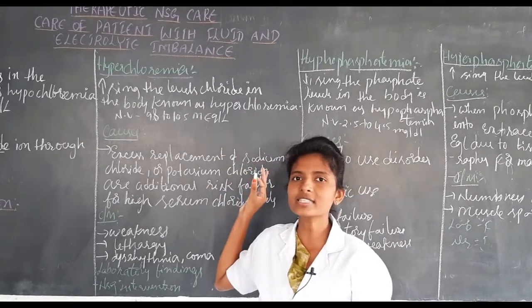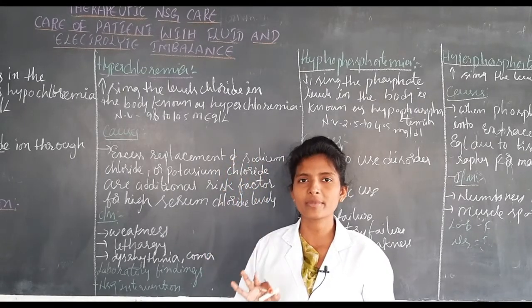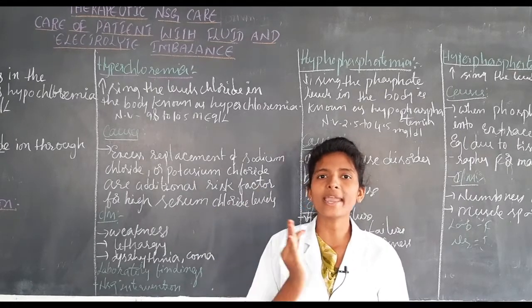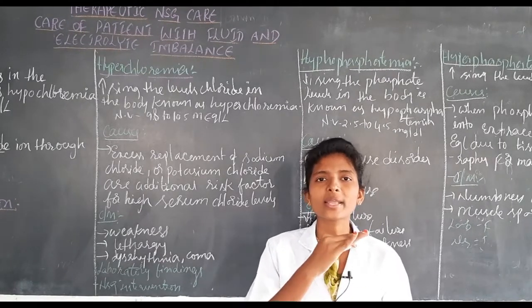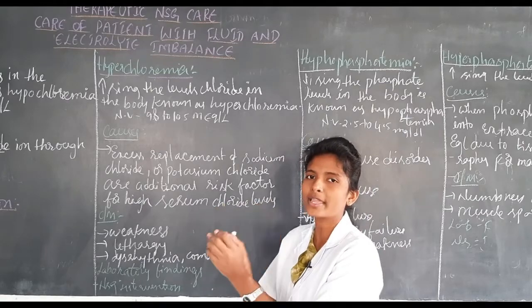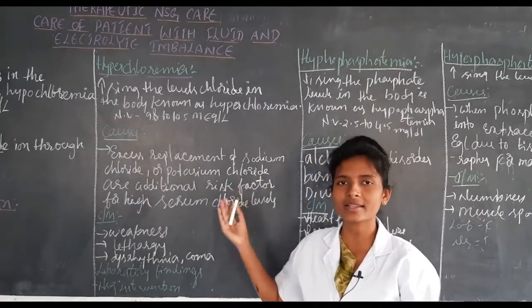So if it is above 108, it is known as hyperchloremia, whereas in hypo, it is below 98, which indicates low levels. It is known as hypochloremia. So this is the difference between hypo and hyper. And next we will see how it occurs in the patient.